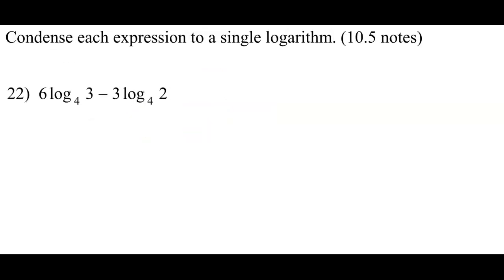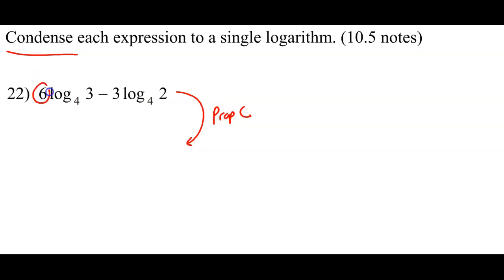Number 22 says to condense each of these expressions using some log properties that we've learned. So if you want to look back at your, I think it was like, I'm forgetting which lesson it was, like 9.3 or 9.4, but it's the ones where we had talked about properties A, B, and C. So the first thing that we're going to do is we're going to apply property C first.